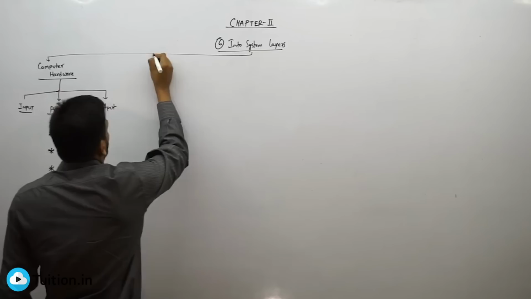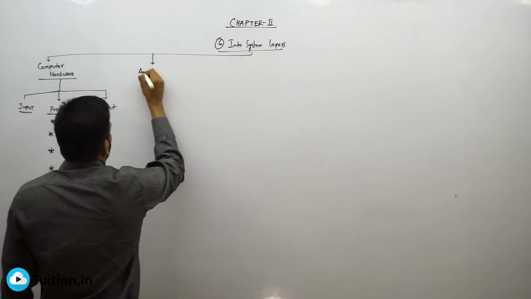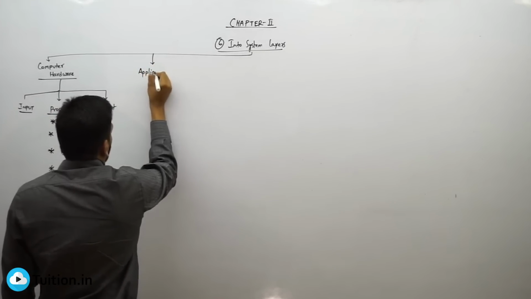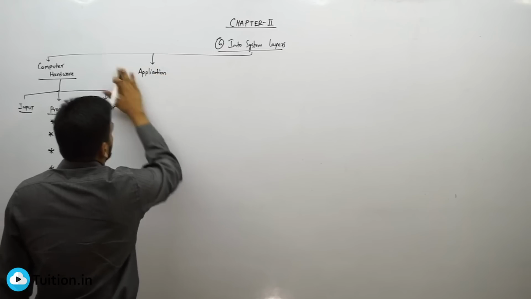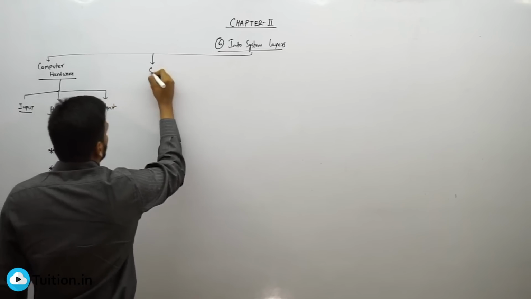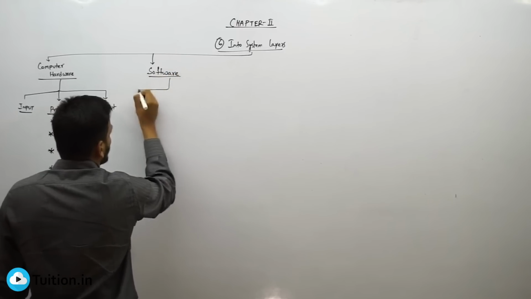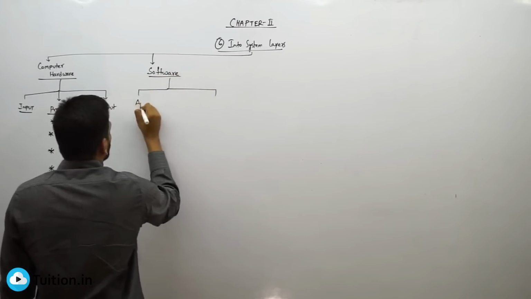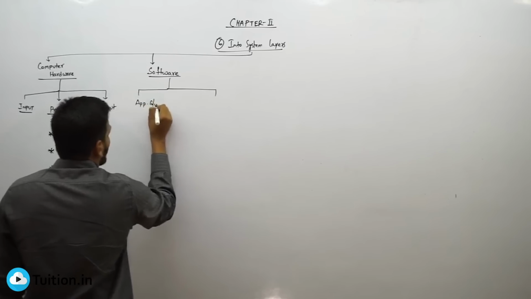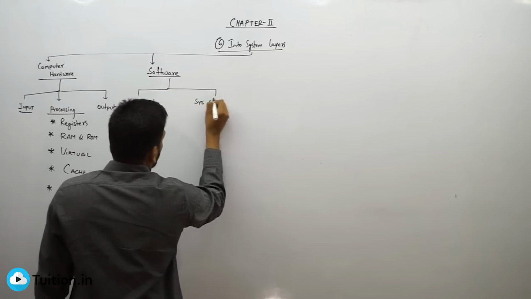Then let's talk about application software. Because broadly, after hardware, the system is classified into software, where we have two parts to talk about: application software and system software, right?